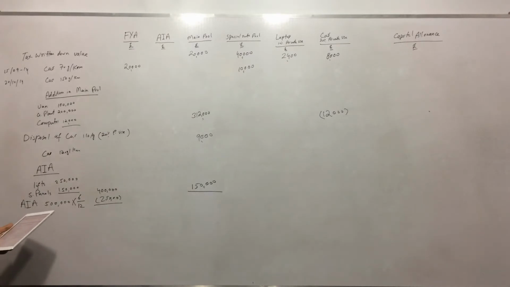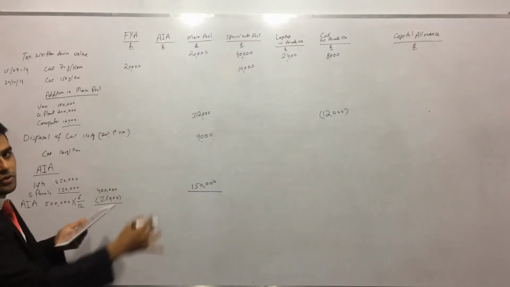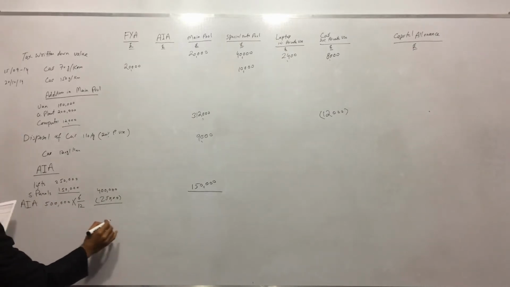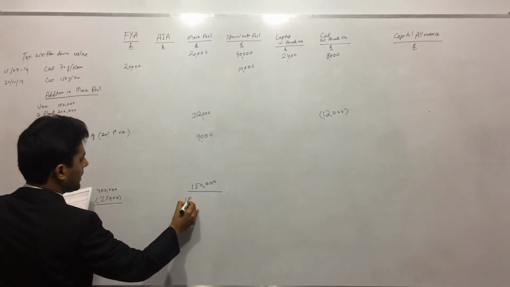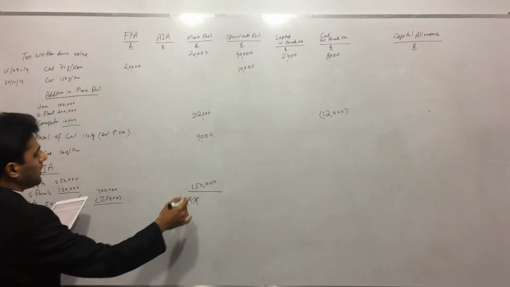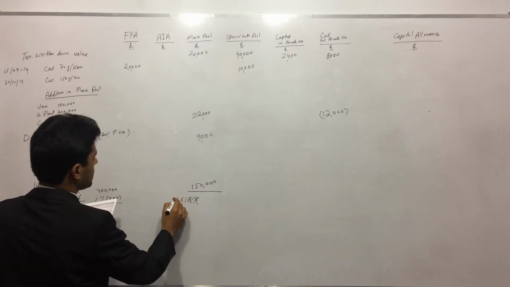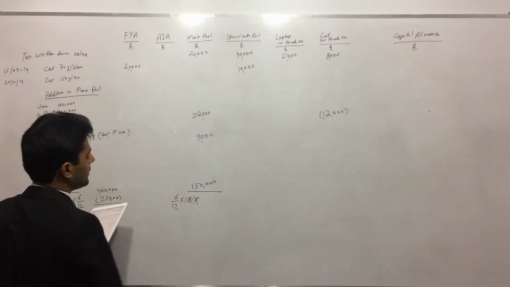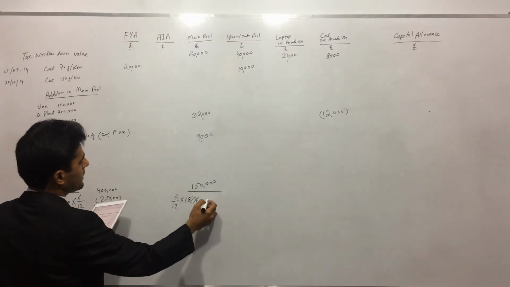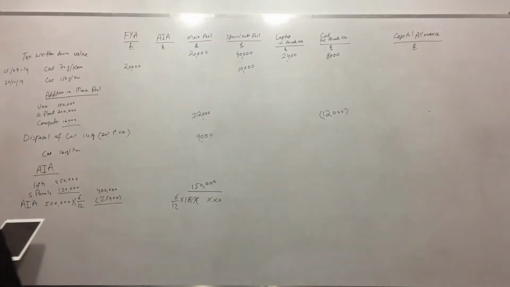Assuming it is 492, please make sure you do the calculations. I will just put it as 18%. So whatever the total is, you will take 18% of that. Sorry, not 18%, because it is for 6/12. So 6/12 times 18% multiplied by whatever the figure is here. That will be our capital allowance as far as the main pool is concerned. All right.